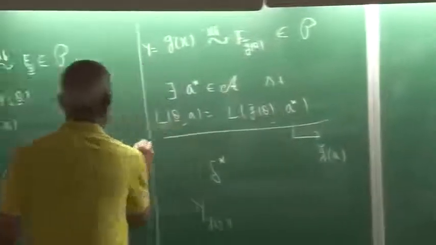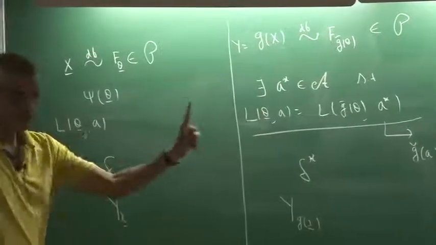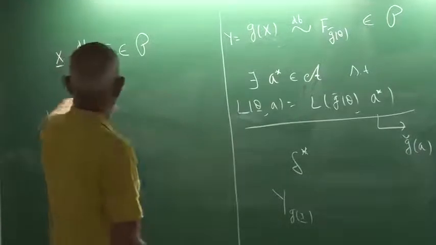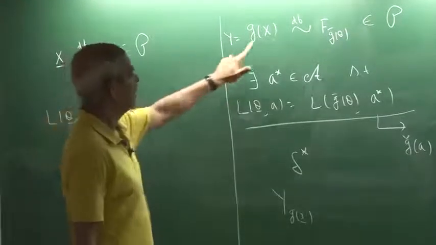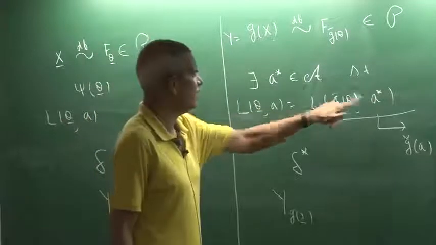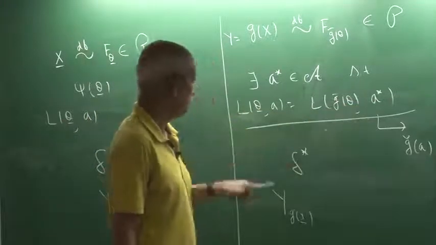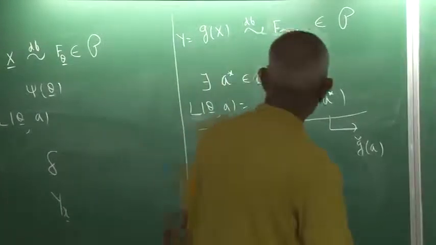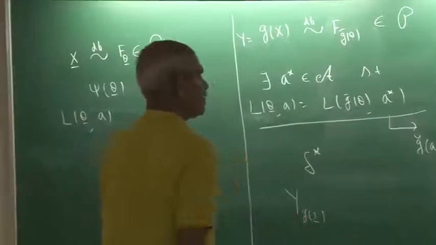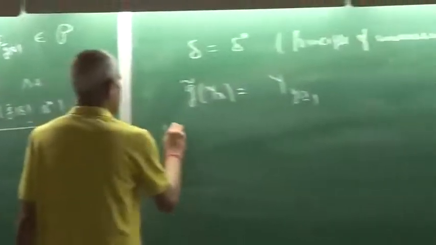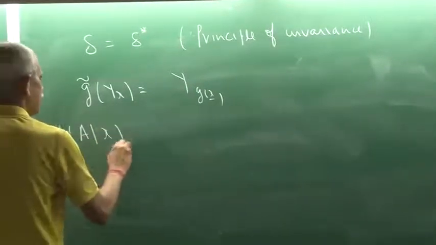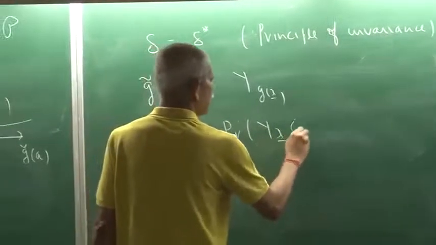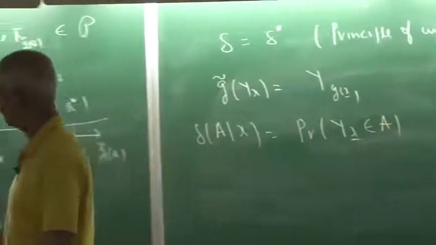If you look, I am saying there is a correspondence of actions in the two decision problems. If a is an action over here, which was for estimating psi theta, the corresponding action here is g tilde a, which is for estimating psi of g bar theta based on gx. So this is what it means. So it is equivalent to saying that delta of a given x is the same as the probability that y of x belongs to a for this decision problem.